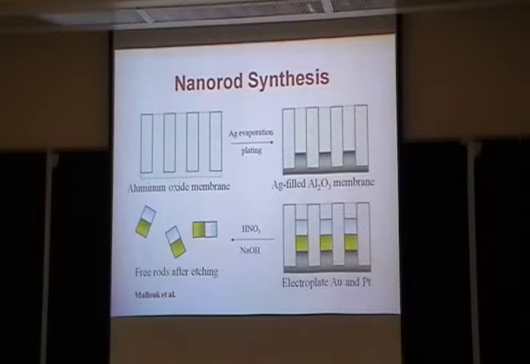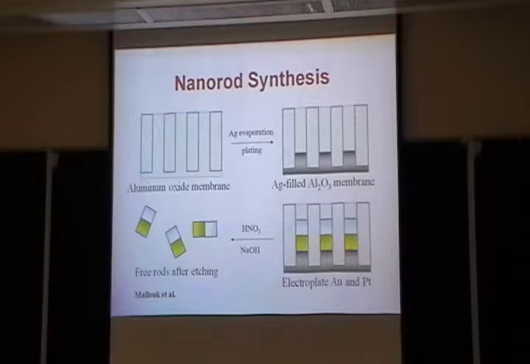Unfortunately, they're not perfect, so they tend to splay out at the bottom. And so what you do is you first of all evaporate some silver to block this part where things are splayed out, so you have nice channels. And then you do electrochemical deposition. Very simple. You just do reduction.